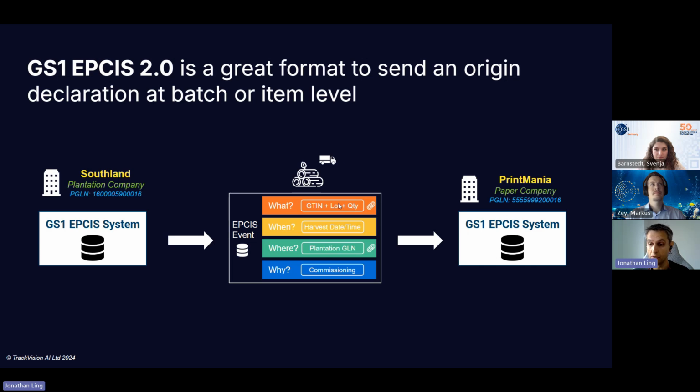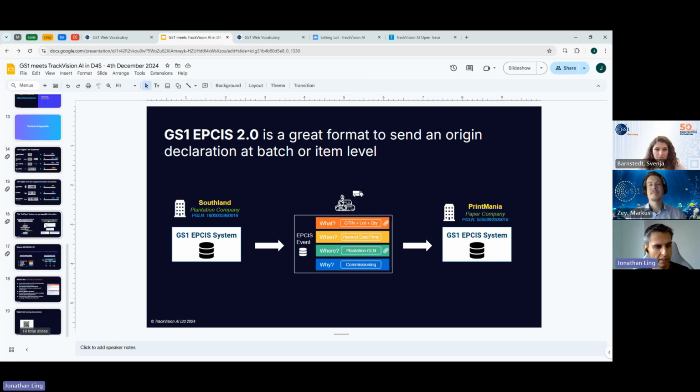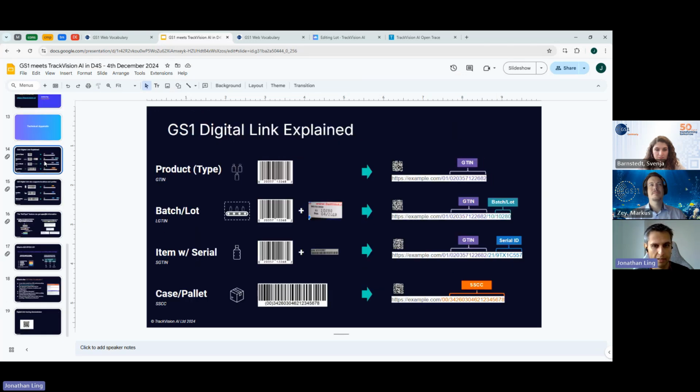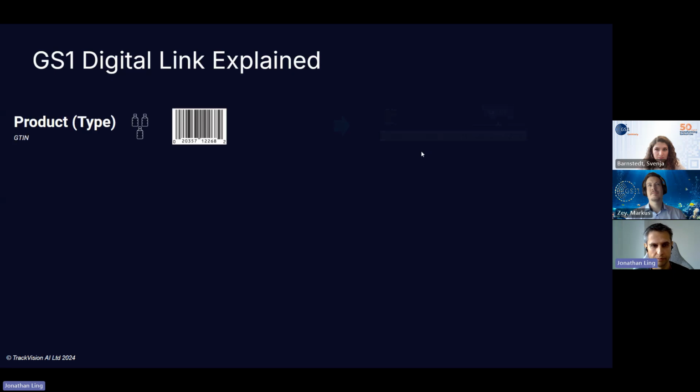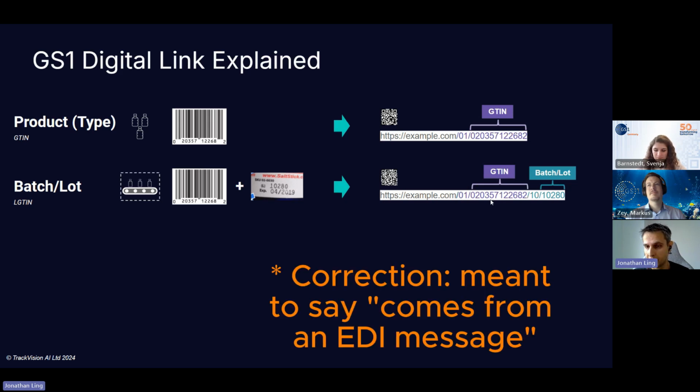What you'll need to do is construct a digital link from those identifiers. A batch is nothing more than a GTIN and a lot number placed into a digital link, so we can easily construct the digital link even from the source data that comes from an EPCIS message.